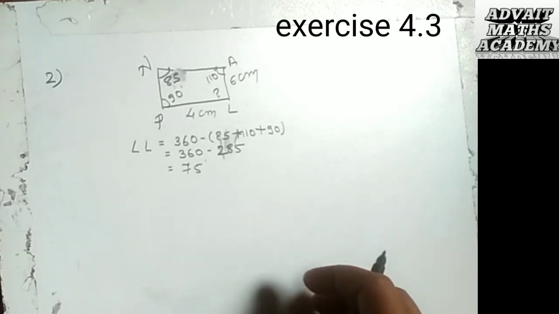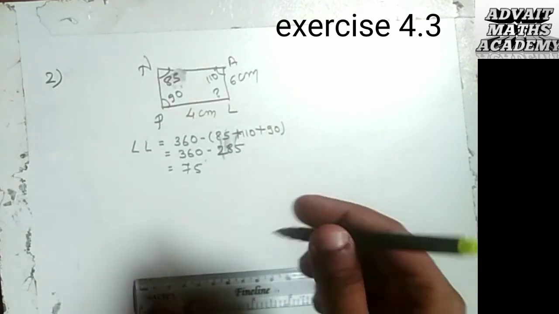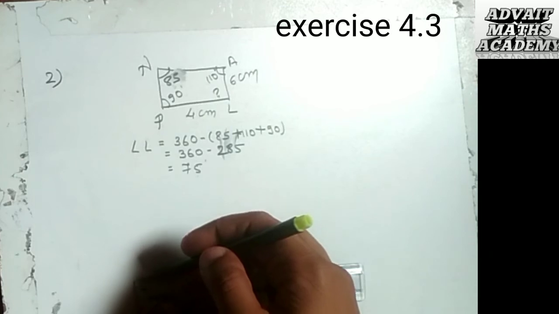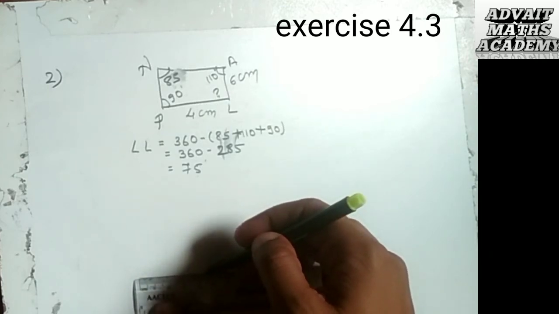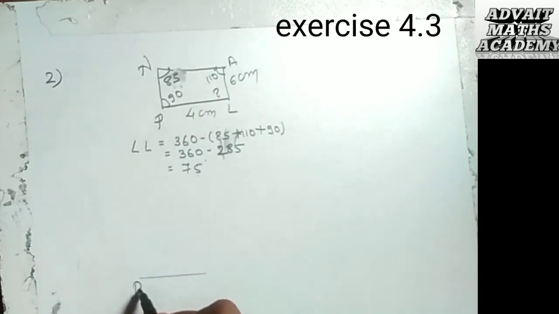First draw PL, four centimeter. Then make angle 90 degrees and 75 degrees.